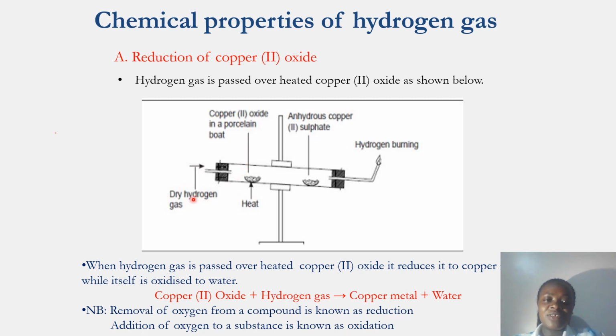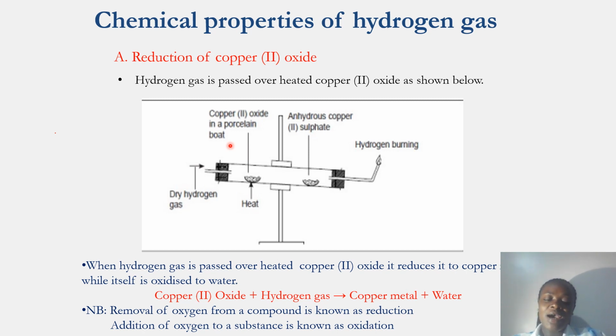Then hydrogen gas itself is going to be oxidized. So we said oxidation is the addition of oxygen to a substance. So when hydrogen reduces copper 2 oxide to copper metal, itself is oxidized to water.